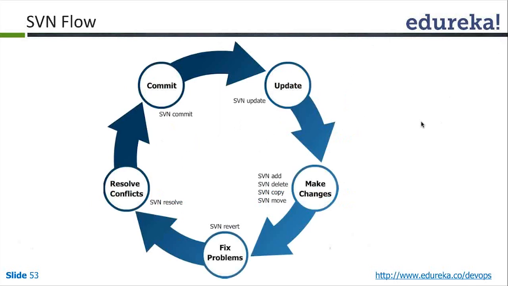So this is the whole life cycle of version control. We start with a commit, and that gets updated, make changes, fix problems. So the cycle goes on and on. So understand this: when you're building a version control system, it's one of the most important parts of your organization, because that's where your entire code sits.